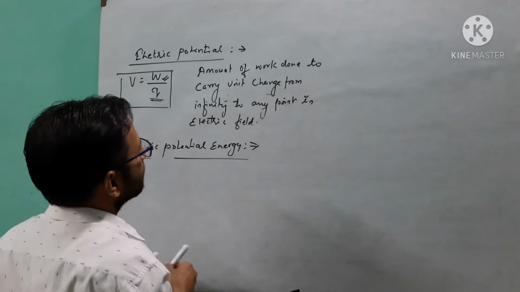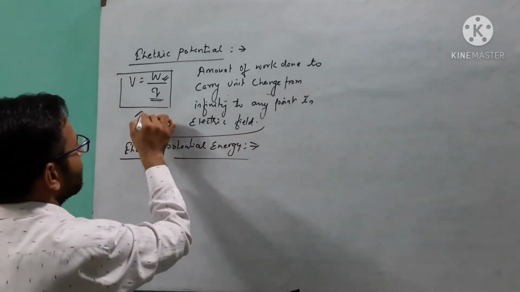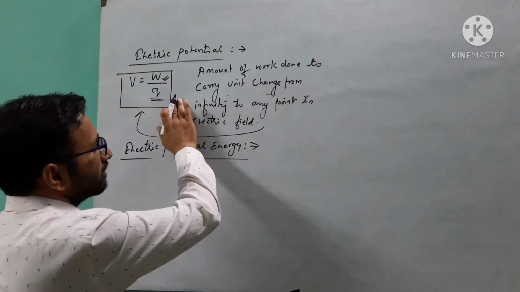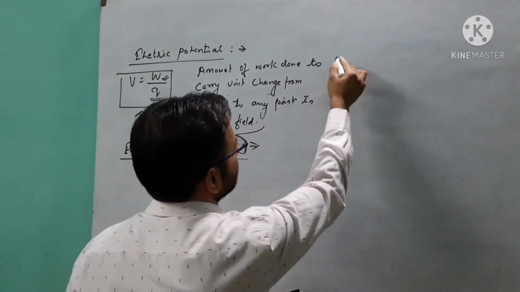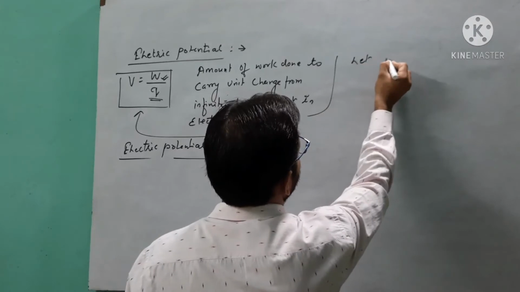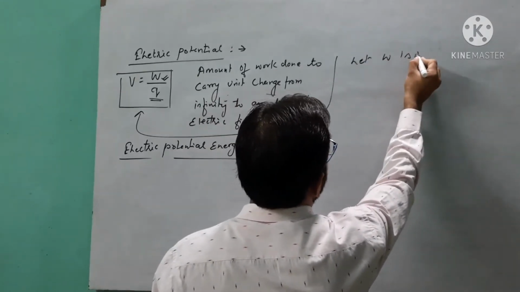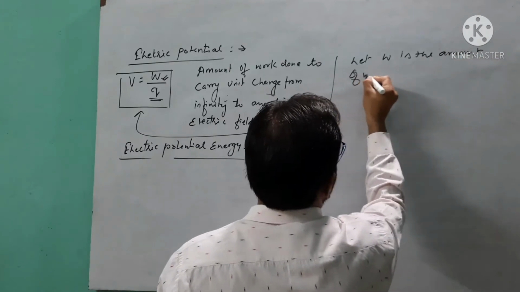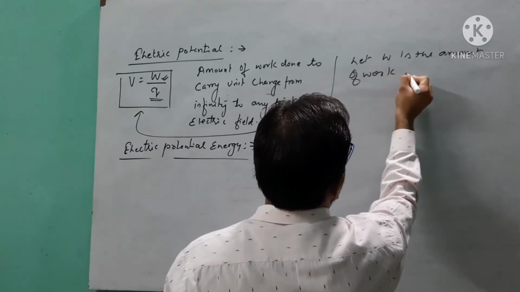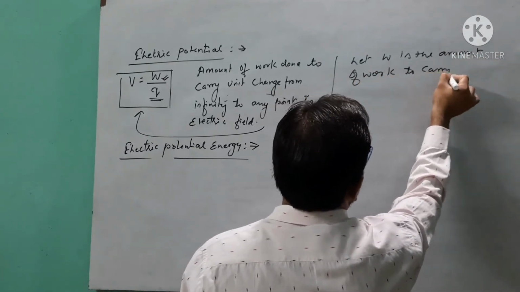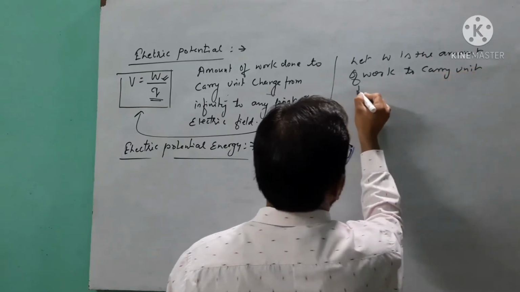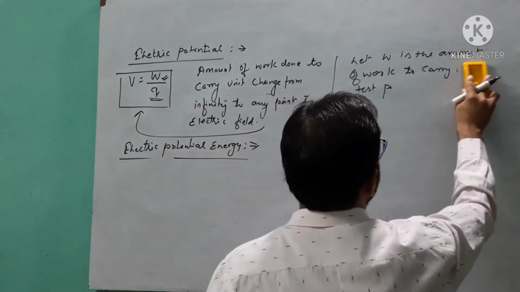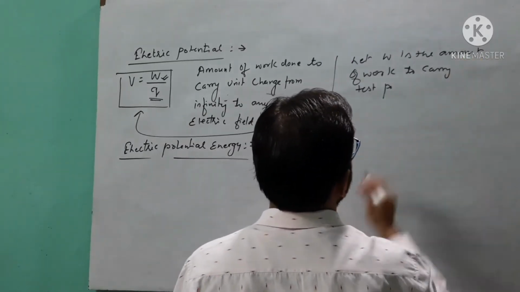So the formula for it is given by this. Let us consider dW, where W is the amount of work, to carry a unit test positive charge.